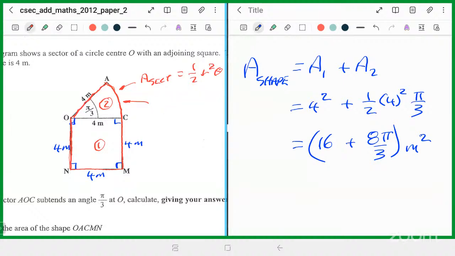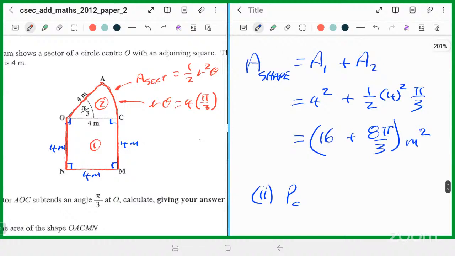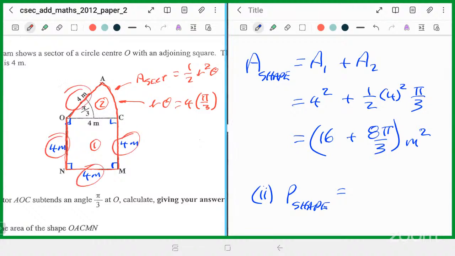Right. This is r theta. R is 4 and theta is pi by 3. This is 4 pi by 3. So we can write here, part 2: the perimeter of the shape becomes 1, 2, 3, 4, 4 times 4 meters.